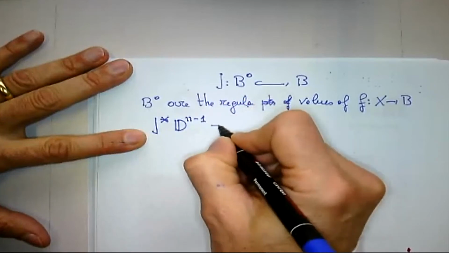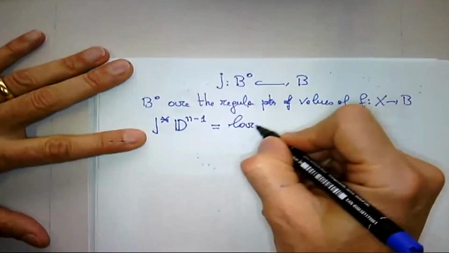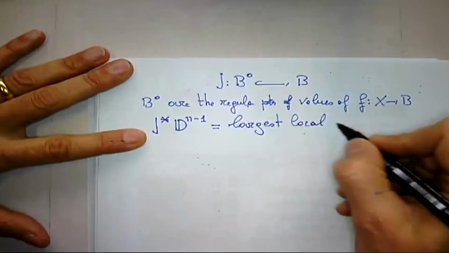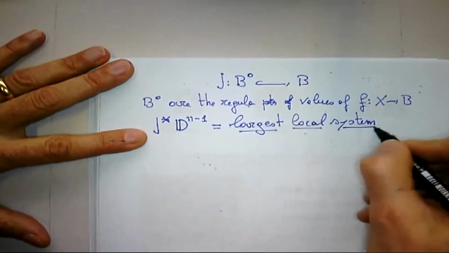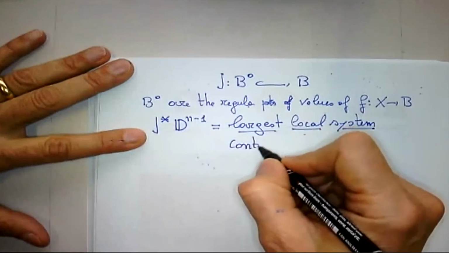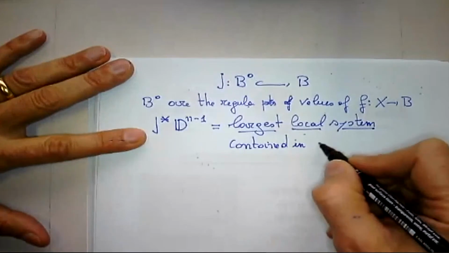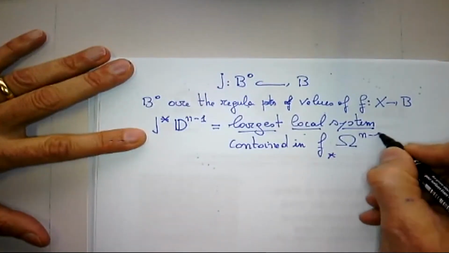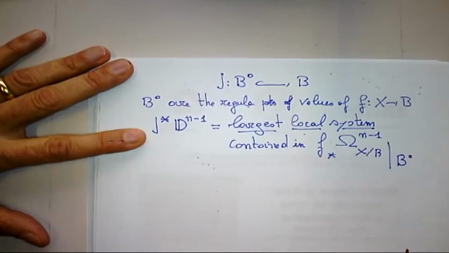And what is this? Clearly it is a theorem, but this is the largest local system contained in F lower star omega n minus 1 X/B restricted to the regular set.